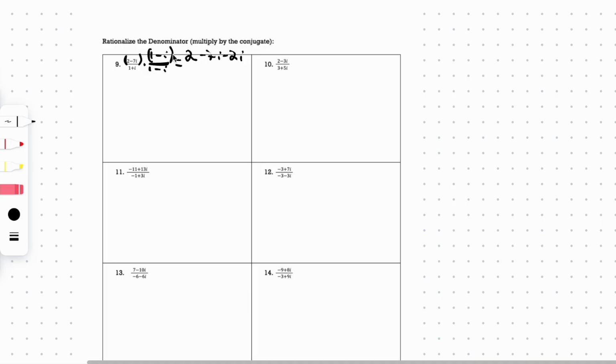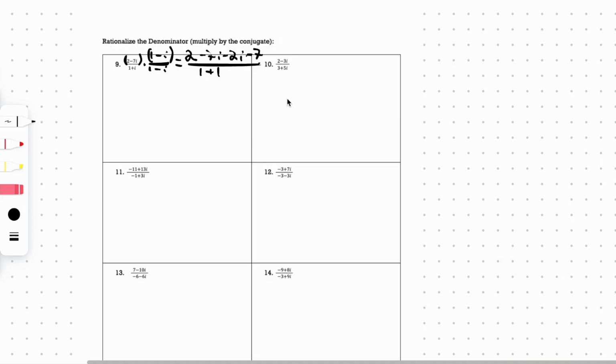But i squared is equal to negative 1, so we're going to do negative 7. And all of that is going to be over 1 times 1 is 1. And then we have i times negative i, which is going to be negative i squared, but i squared is negative 1, so we're going to do 1 plus 1.